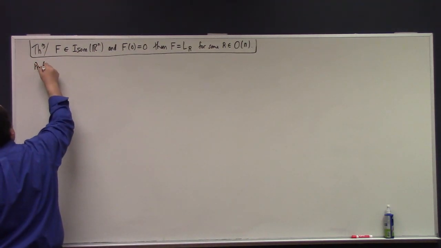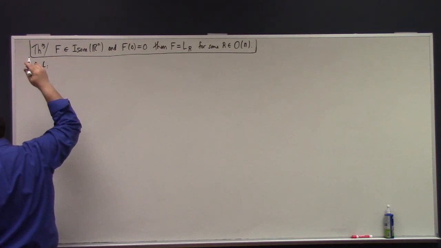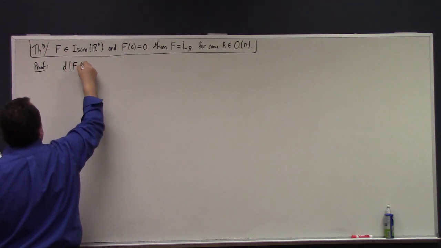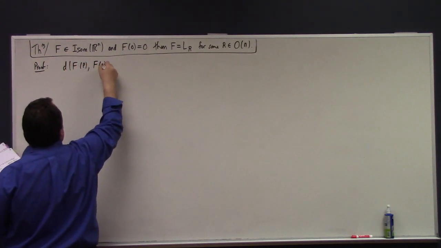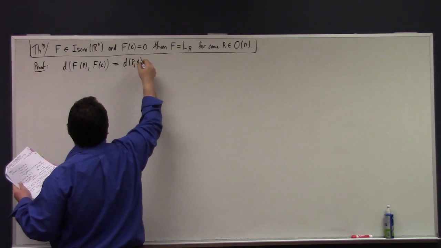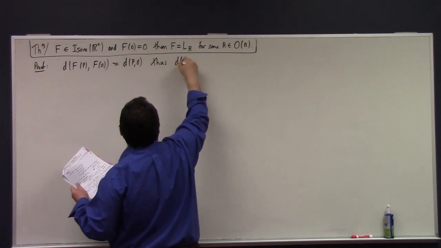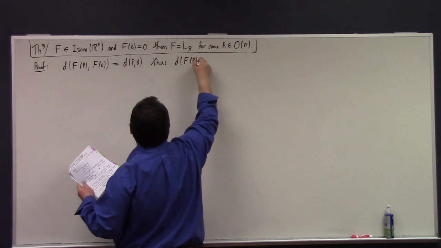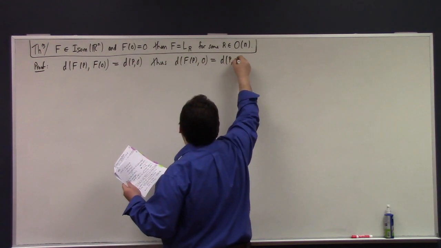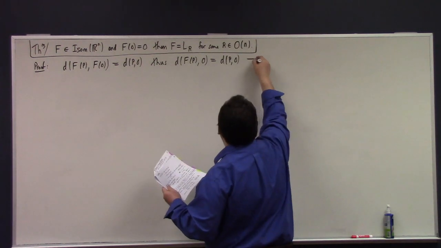So we start out like this. We're assuming f is an isometry, f of 0 is 0. Check this out. The distance from f of p to f of 0 is equal to the distance from p to 0. Thus, the distance from f of p to 0 is equal to the distance from p to 0. Which implies what?